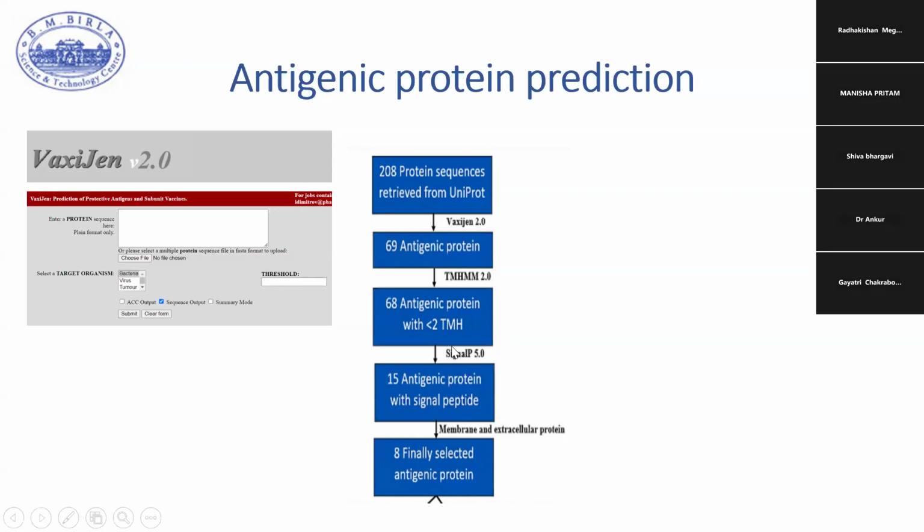So after every stage of filtering, at the end of this filtration, you will get highly antigenic proteins. So in wet lab, we use a single protein or 2 or 3 proteins, but in computational, we are using the whole proteome.